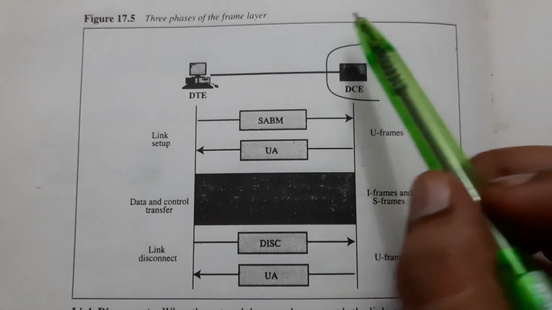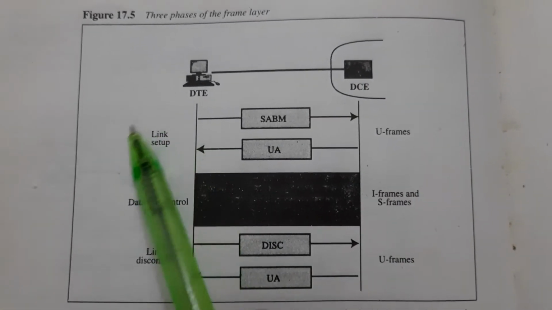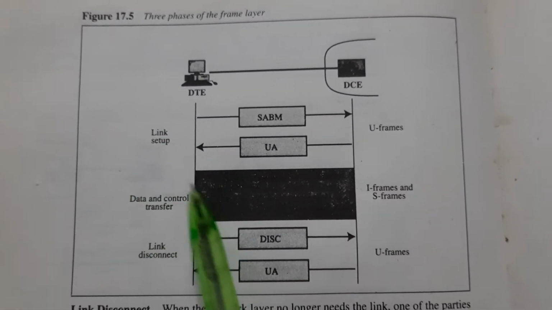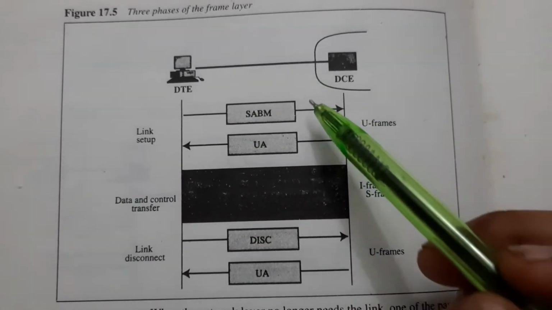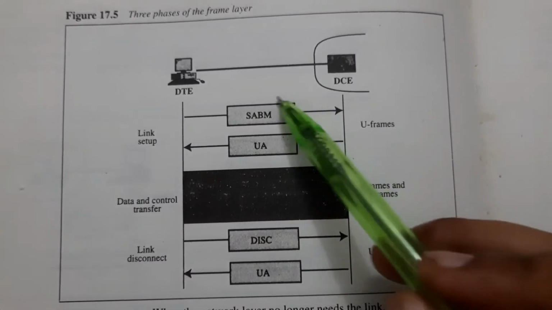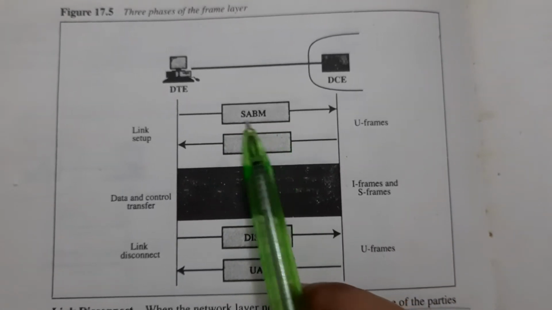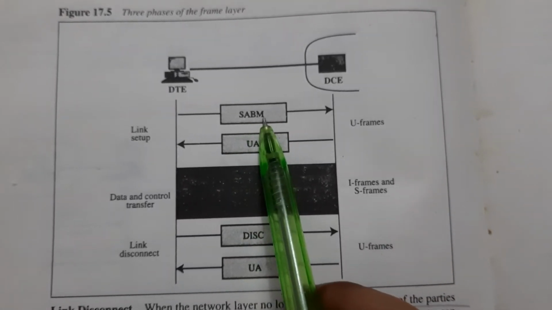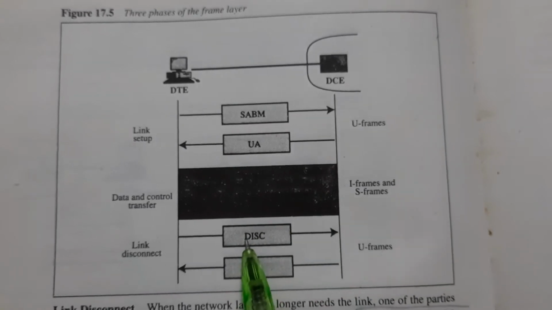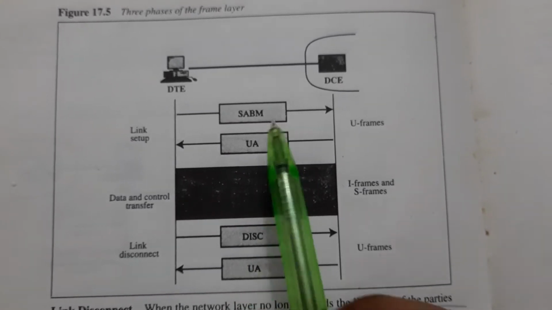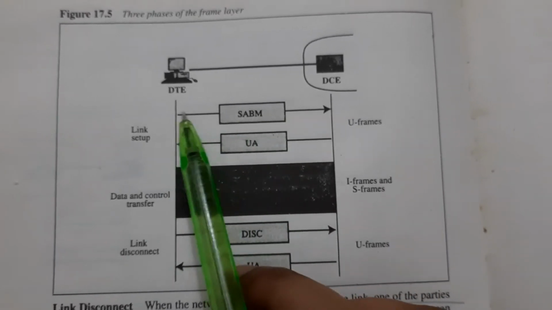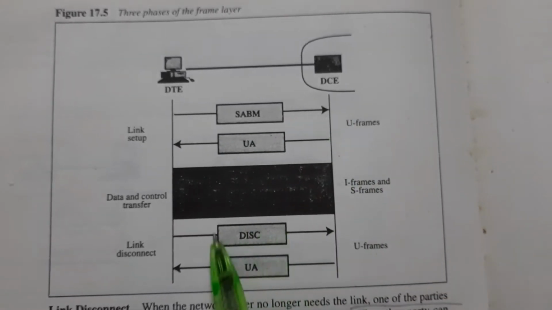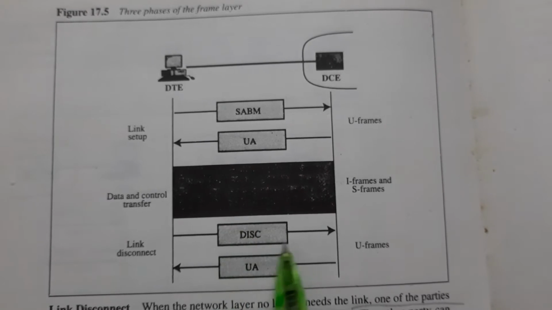There are three phases of the frame layer: setting up the link, transferring the data, and disconnecting the link. For that it uses SABM, UA and DISC. UA is for confirmation, like an acknowledgement, SABM is for link setup, and DISC is used for disconnect.